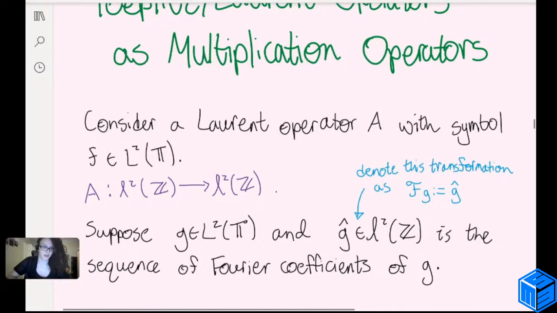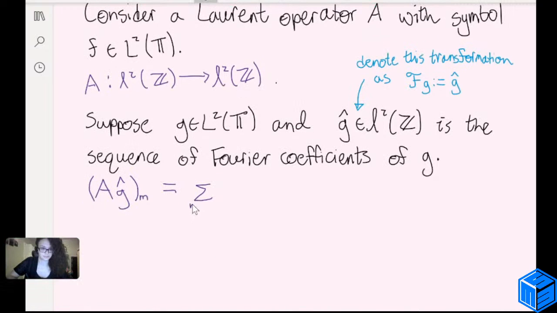And so we are just doing matrix multiplication with infinite dimensions. And the nth entry of g hat is g hat of n.